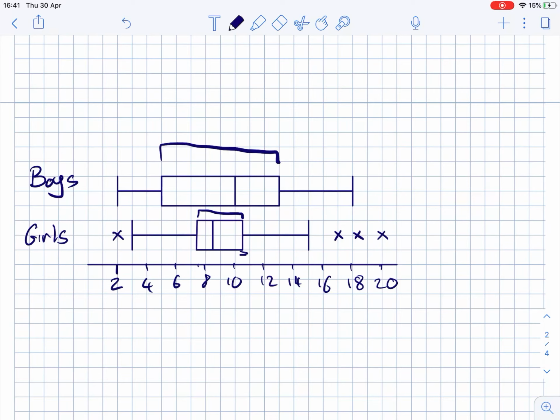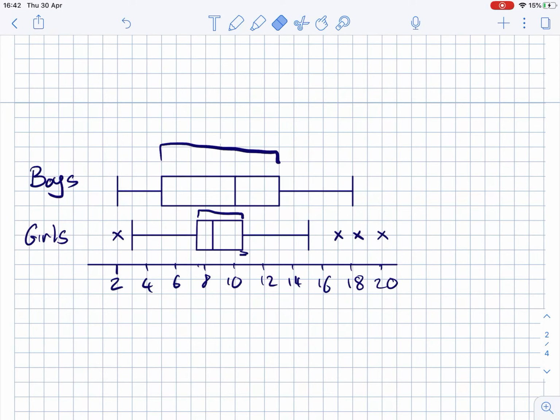So even though the overall range for the boys is actually less than that of the girls, and actually the boys don't have any outliers, largely because their interquartile range is so big, we would probably say that the girls are more consistent in their approach.